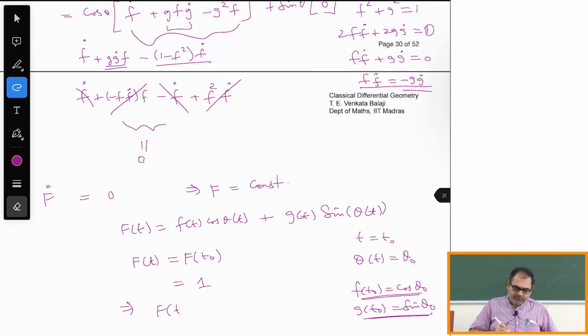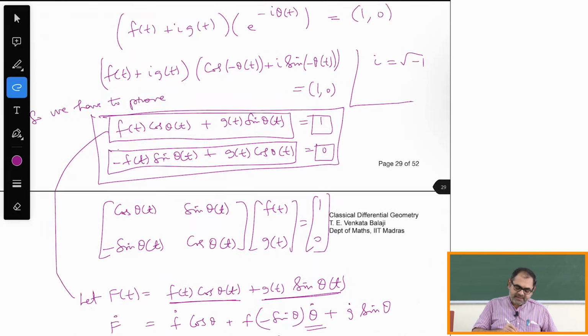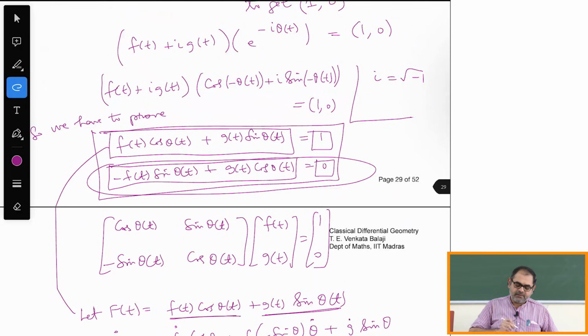If you use the same kind of process, you will see immediately that, to prove this second part, all I have to do is take the left side and call it g t, take its derivative, and you can show its derivative is 0.